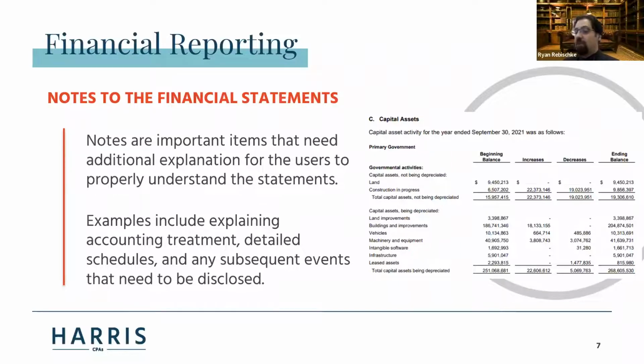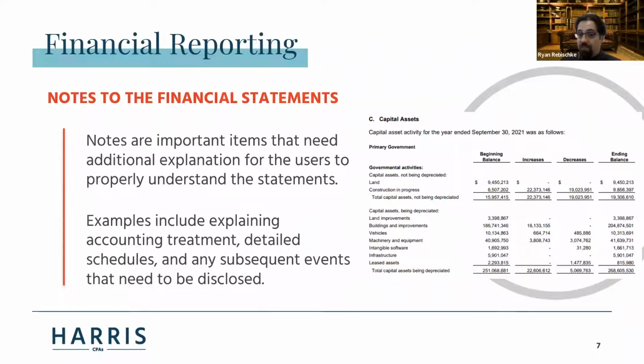So for example, you might see on a statement of net position the net amount of fixed assets that the entity owns. That's the amount of equipment, buildings, fixed property that they own, less any expense we've already taken against that, to a net number. So that one number tells you how much fixed assets a government entity owns, but you don't know what the makeup or the detail of those fixed assets are.